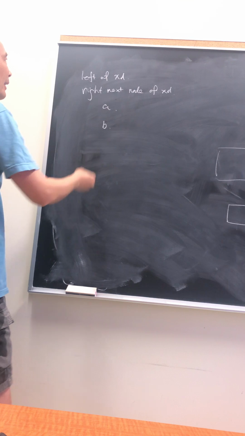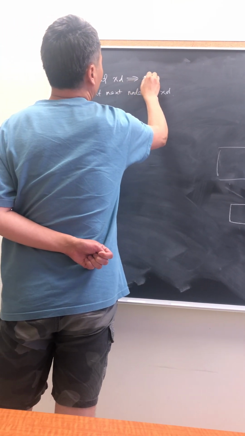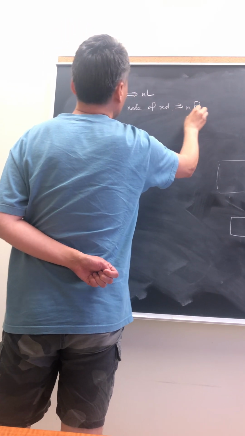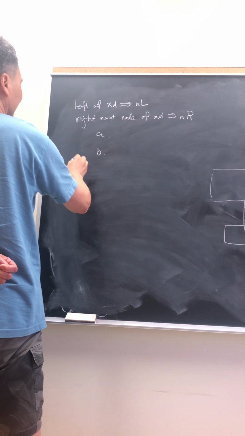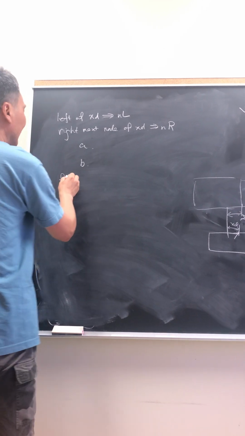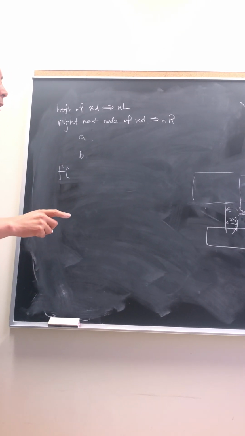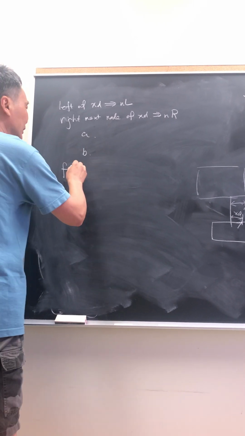I'm not sure you use this one, take NL, N left, and this one, let me say N right. And then we get A and B, and then we will have the function value. It should be in the same direction because it doesn't change, right?